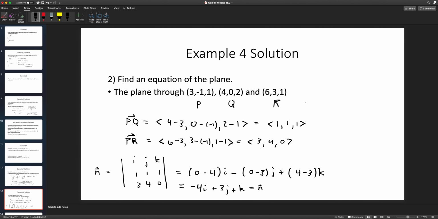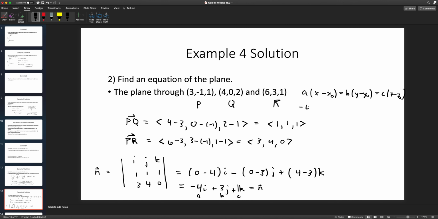So we can write this as a(x - x0) + b(y - y0) + c(z - z0) = 0, where these are the direction numbers a, b, and c.